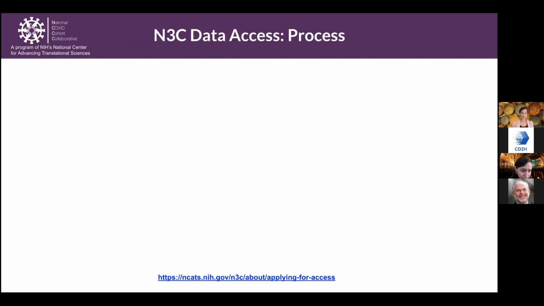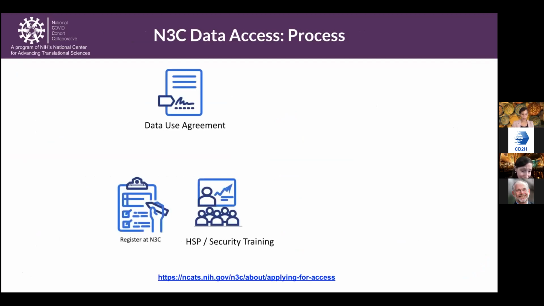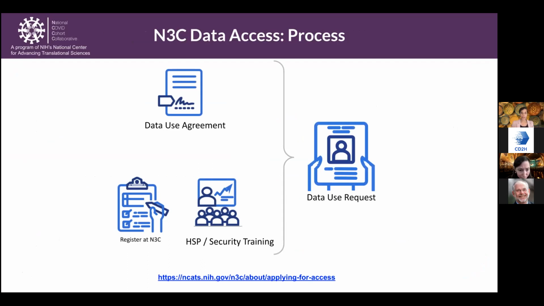All right, now to access the data portal, you can keep pushing on this one, Connor. To gain access, three things. You need a data use agreement. You need to register and create an account for the enclave. And also you need to submit a data use request. For the data use agreement, your organization needs to have one with NCATS.